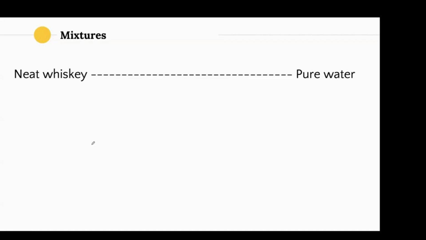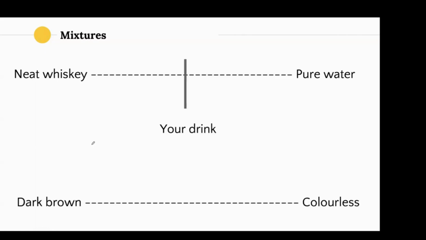If the quantity of water is more than whiskey, then the color will be lighter. If the quantity of whiskey is more, then the color will be darker. Let's say there's a spectrum overall, all the way from dark brown to colorless, and we have that middle line. If whiskey increases, then the color will go towards the left, towards dark brown. If water increases, color will go towards colorless.